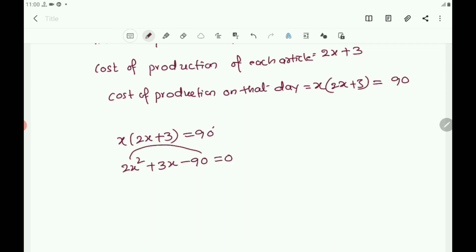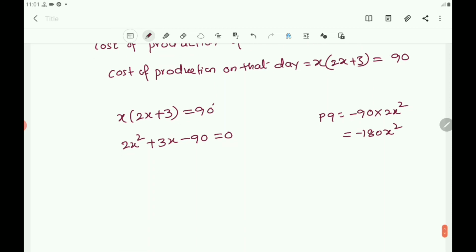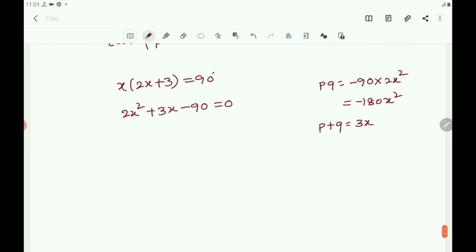Then you take the sum and the product. The product PQ equals minus 90 into 2x square, that equals minus 180x square. Then P plus Q equals 3x.